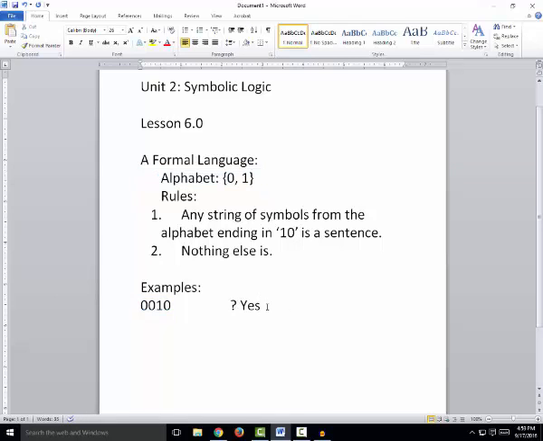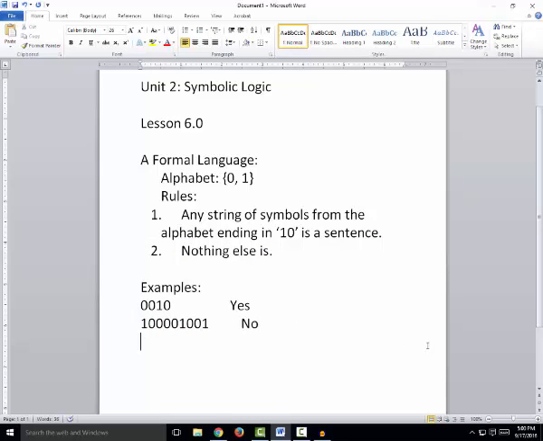So that is a sentence of this formal language. Now suppose we have another string of symbols from the alphabet, 1 0 0 0 0 1 0 0 1. Is that a sentence of our formal language? Well, it's supposed to end in 1 0 in order to be a sentence. And it says that nothing else is. So this would not be a sentence because it doesn't end in 1 0.